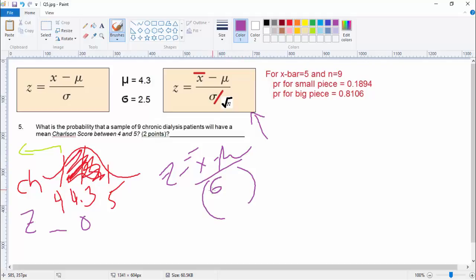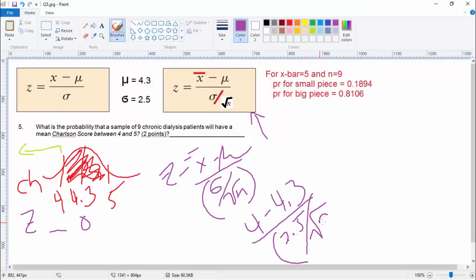I just feel compelled to put these parentheses so you don't forget to do this whole thing first. And now I'm going to fill that in with the numbers that belong there, so we're going to do 4 for our x. This is 4 minus 4.3 divided by, here's a little parentheses, 2.5 divided by the square root of 9.